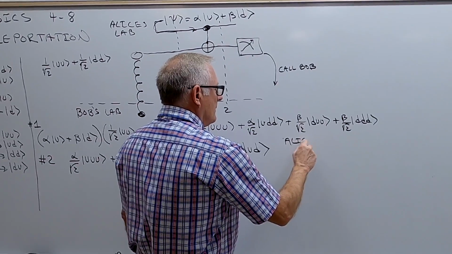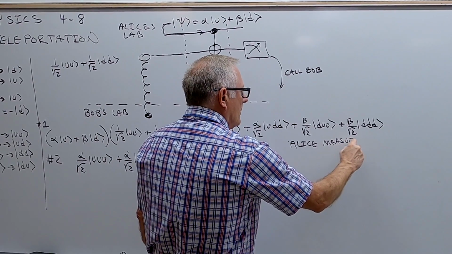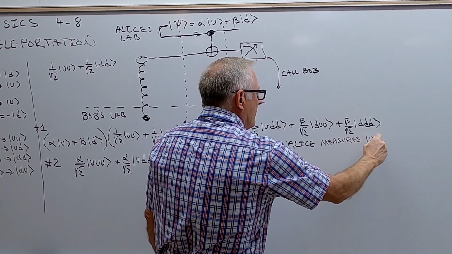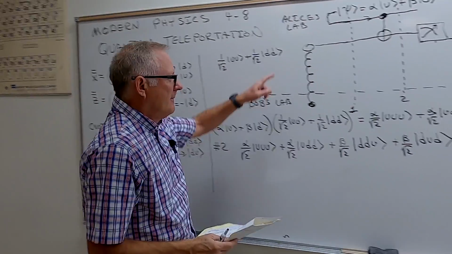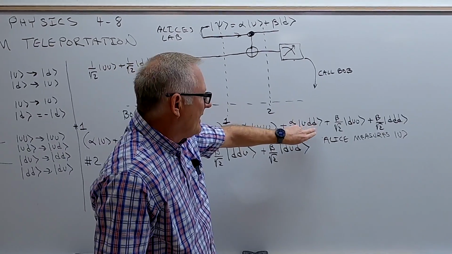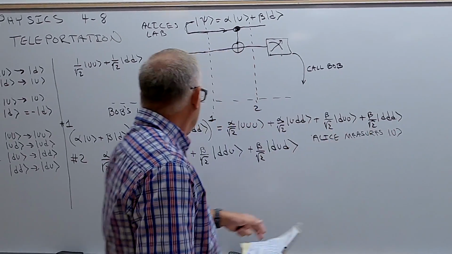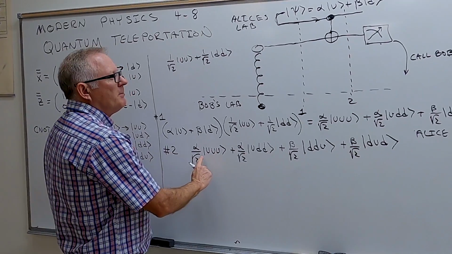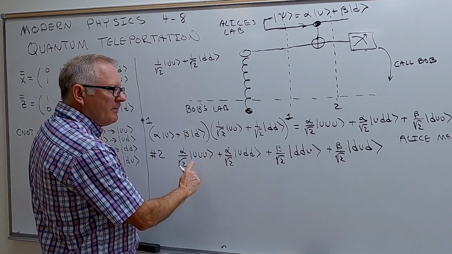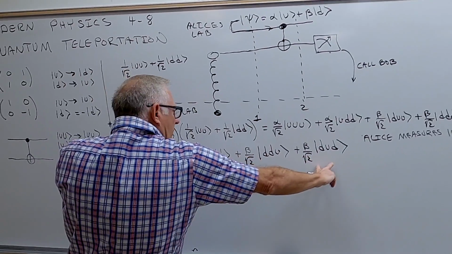Well, that means that this guy got taken away because we know it's not the down. Since she's measuring the second state, if she measures up, she's only going to get these two states.